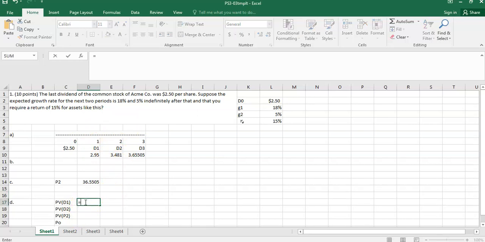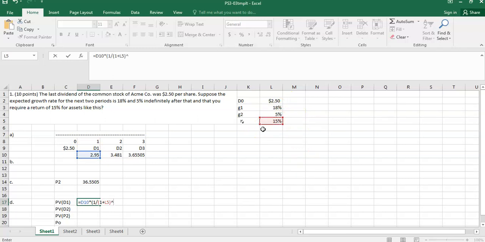So here I want to say the present value of this dividend. I'm going to say the dividend times my discount factor, which is 1 over 1 plus the required rate of return on the stock. And then here's the important piece.